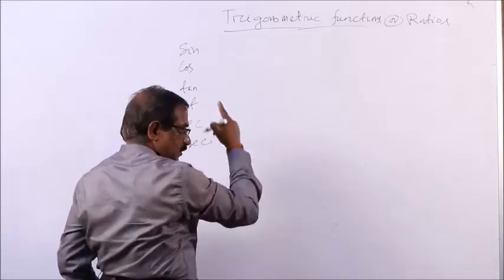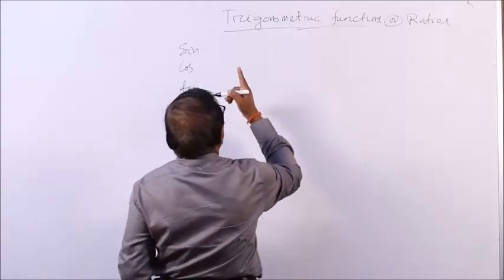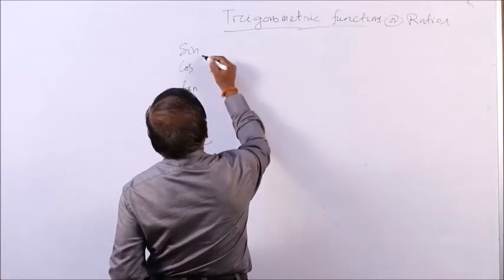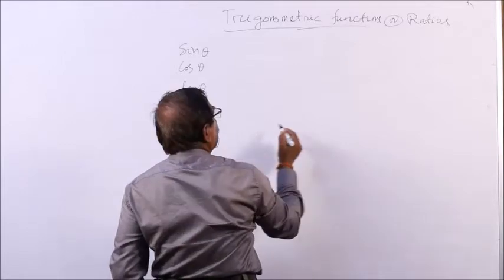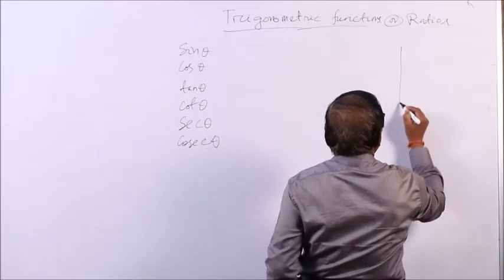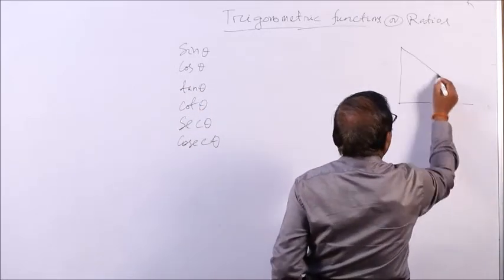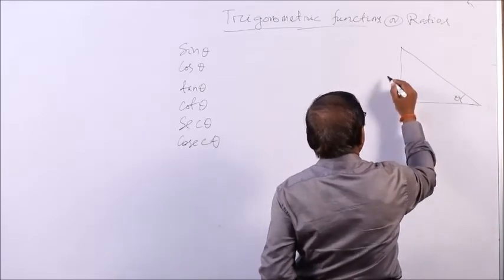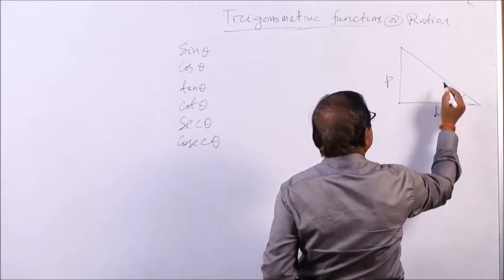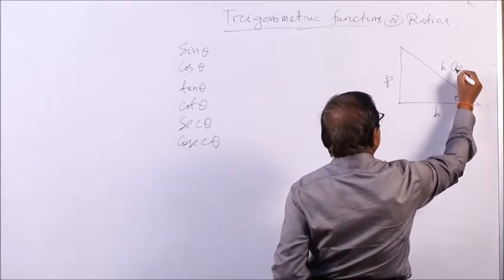There are 6 trigonometric functions. So let us take the angle theta, and we are taking this right angle triangle. This angle is theta. This is perpendicular. This is base. This is hypotenuse.